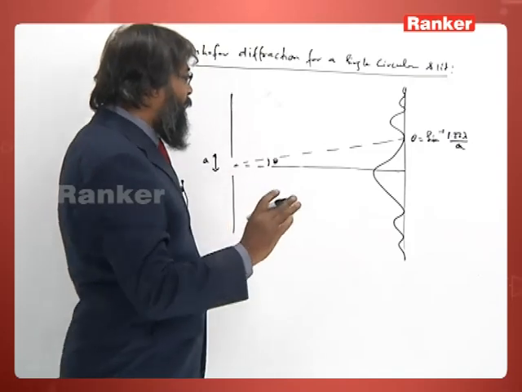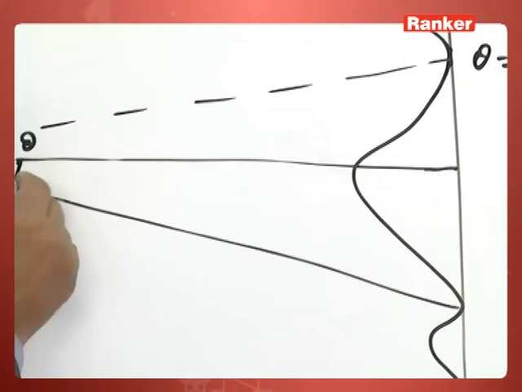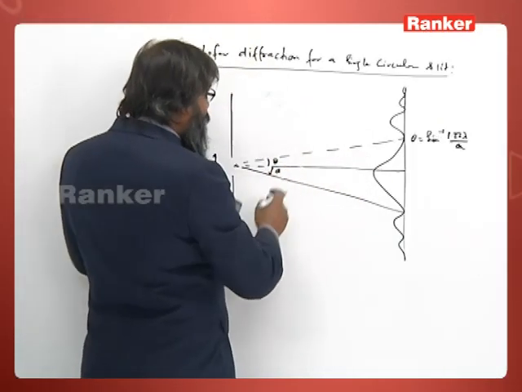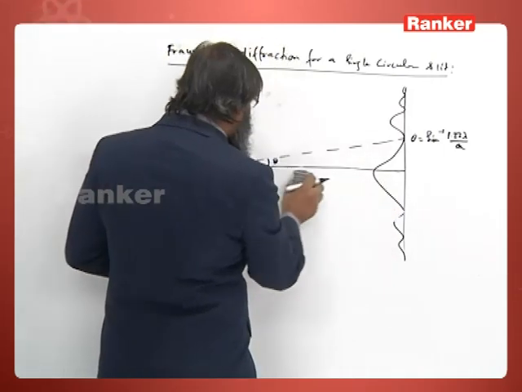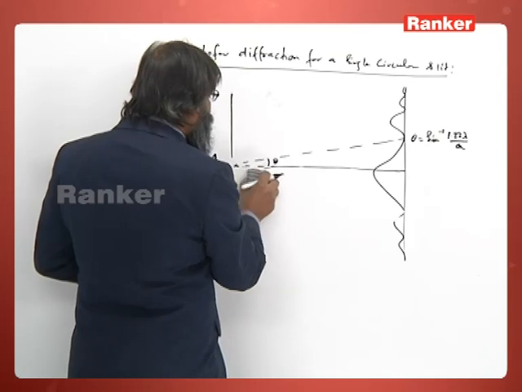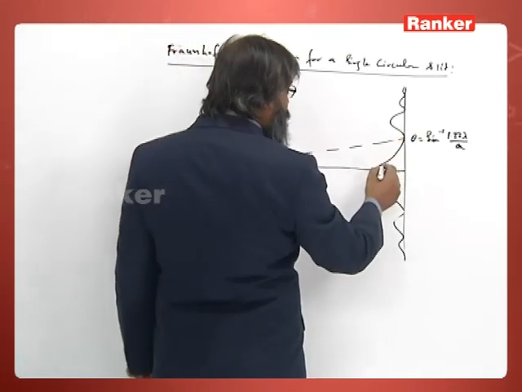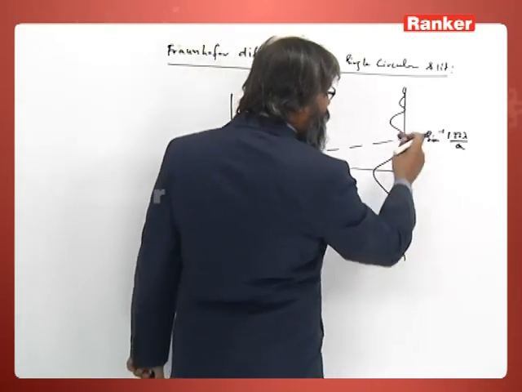Simply we have to remember this. Don't get confused: theta is measured from the location of the central maxima. This is very important. This theta, the position of the first minima, is the angular radius of the central brightness.